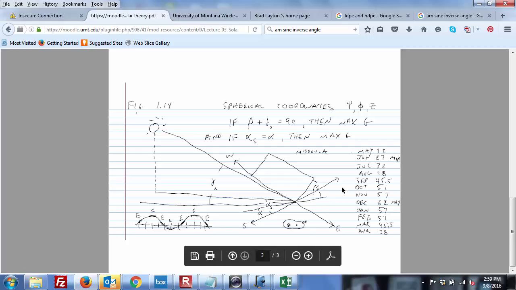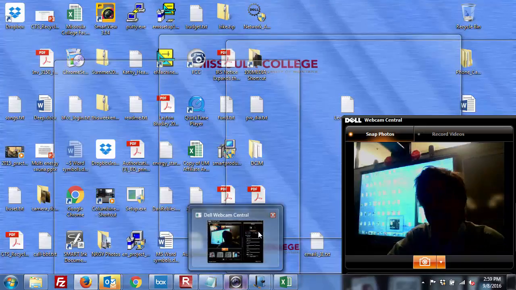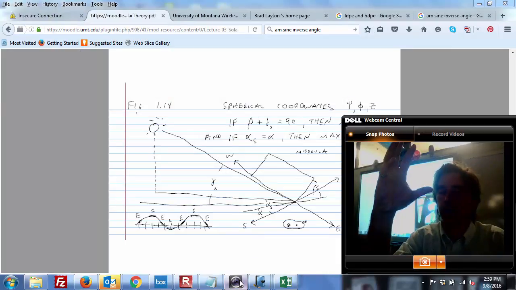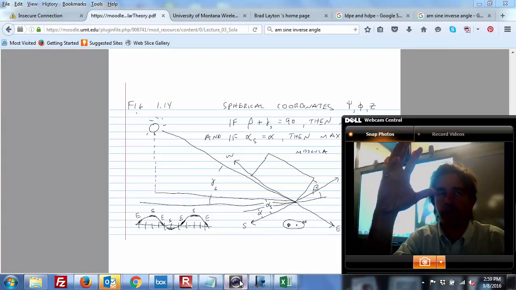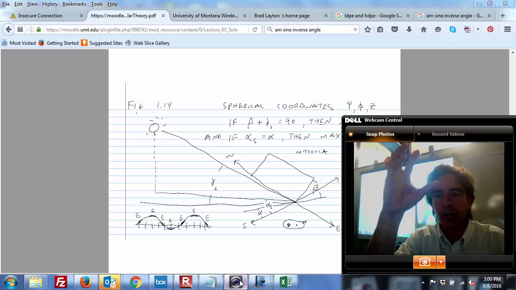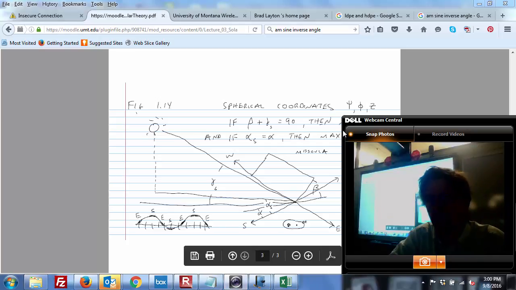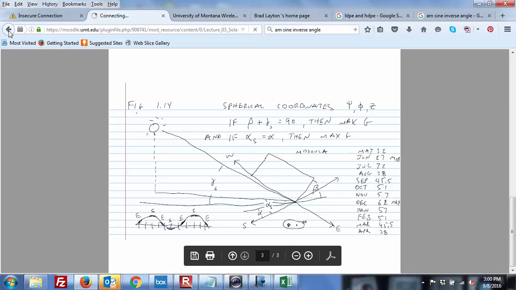But what we're looking at here is that as we go through the seasons and the time of day, both angles are being affected, both the elevation angle as well as the azimuth angle. And so those are the two separate angles that are there. Okay, next.